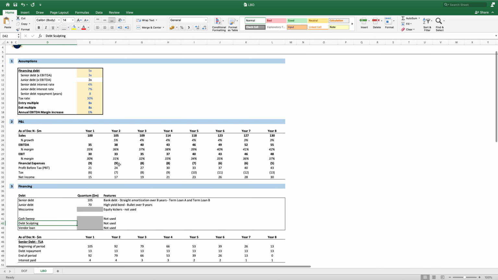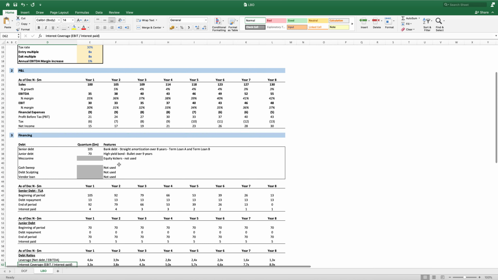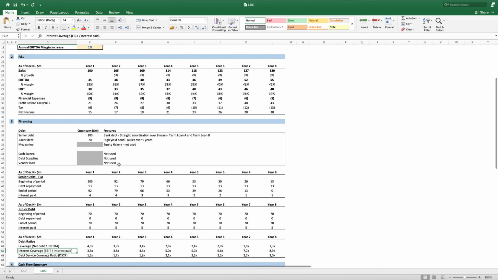Also, another notion that is interesting to know is debt sculpting. Debt sculpting depends on certain ratios, for instance, the leverage ratio, the DSCR, and the interest coverage that we will discuss shortly. The concept is that we should allocate part of the cash flow generated by the company to repay the debt in order to reach a given or a target ratio level.